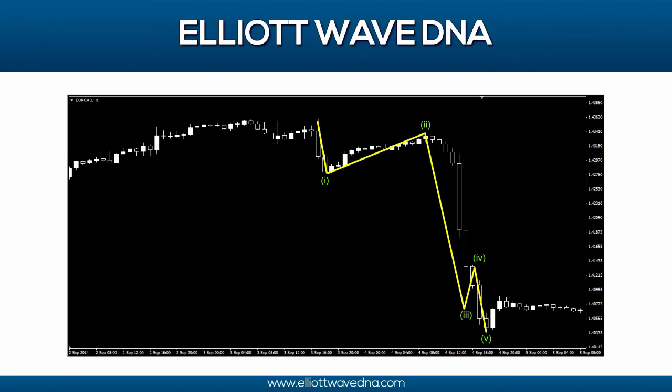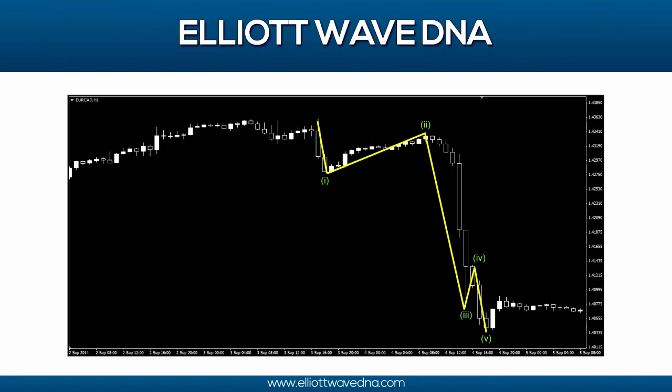The movements were really sharp and strong, which gives that feeling of motive patterns. But if you want to be sure, you can always go to the next smaller time frame, in this case a half-hour chart, and check if you can see 5 smaller waves inside waves 1, 3 and 5.